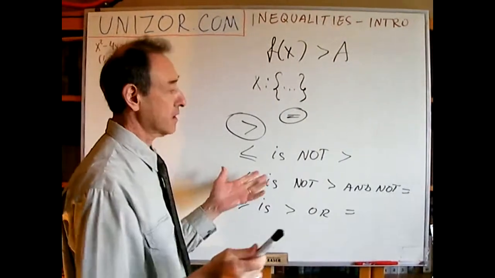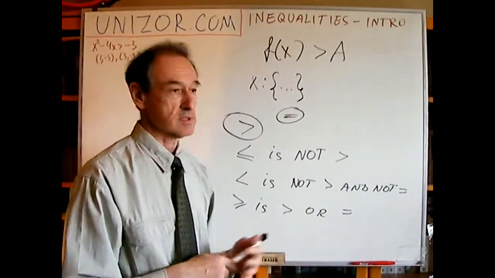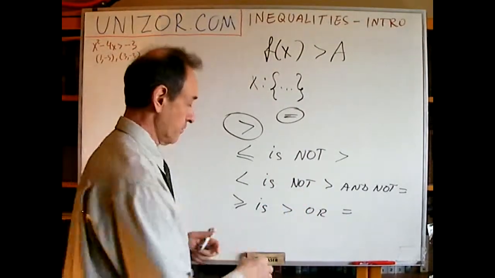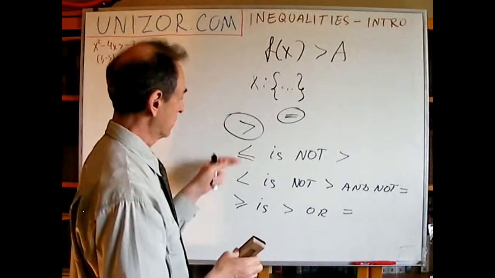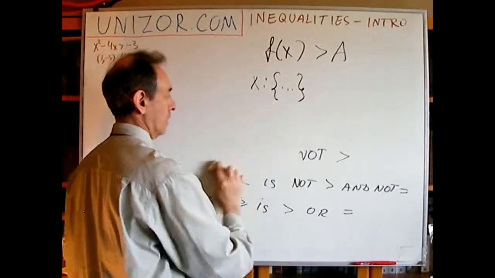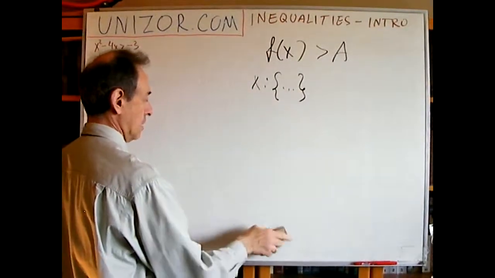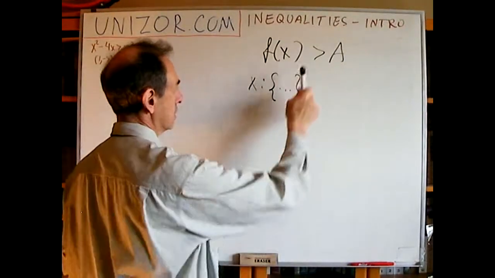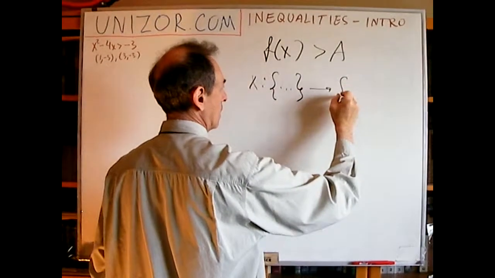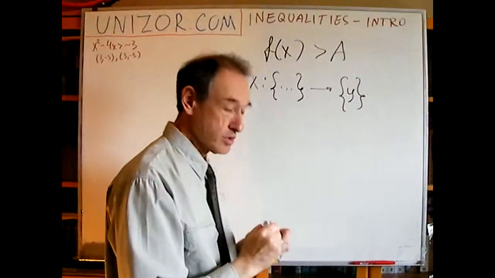Alright, so basically in my examples I will use only one of those signs, like greater, for instance. Everything else is basically assumed as a combination of some other logical conditions on this sign. So we have defined the inequality. We have defined the solution to this inequality.